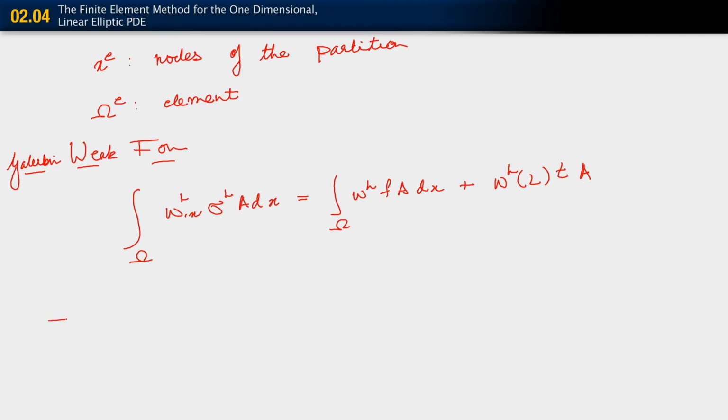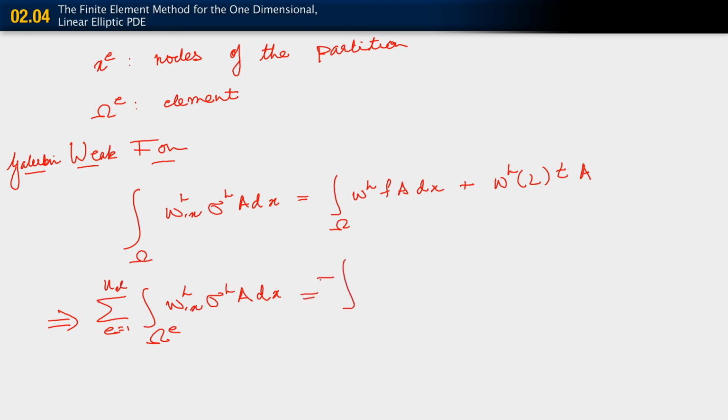The next thing we can do now is to write this as an integral over each element, subdomain. But note that we need to get to all of omega, so here we take a sum over E, where E runs over all the elements, 1 to NEL, 1 to number of elements.